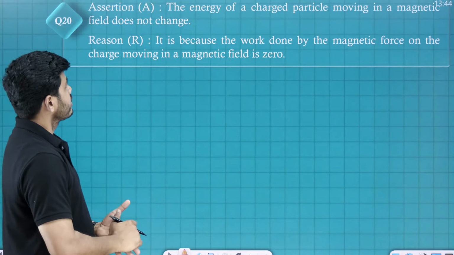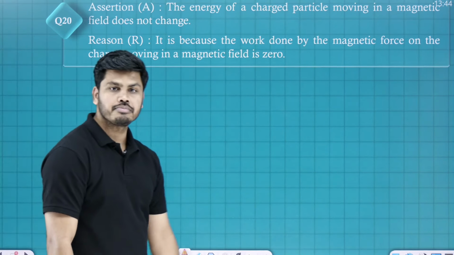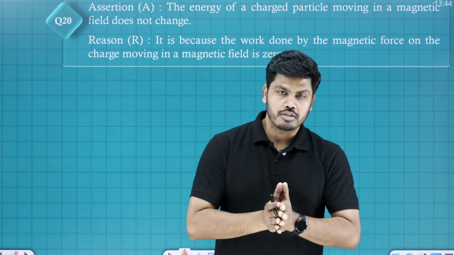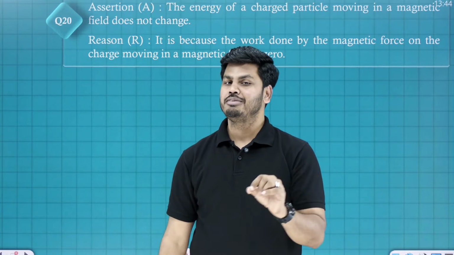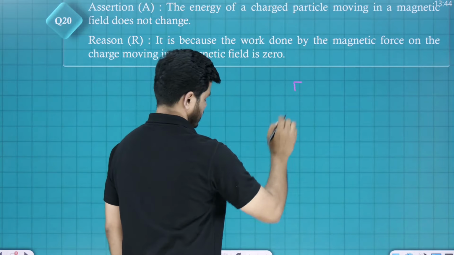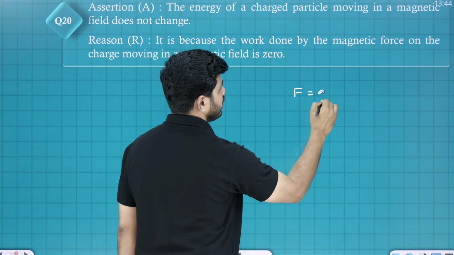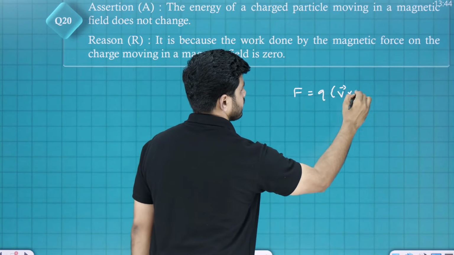Again, an assertion reason question. Assertion statement: the energy of a charged particle moving in a magnetic field does not change. Yes, the energy of a charged particle moving in a magnetic field does not change. We know that because the magnetic force is going to be F equals q into v cross B, right? Yes.